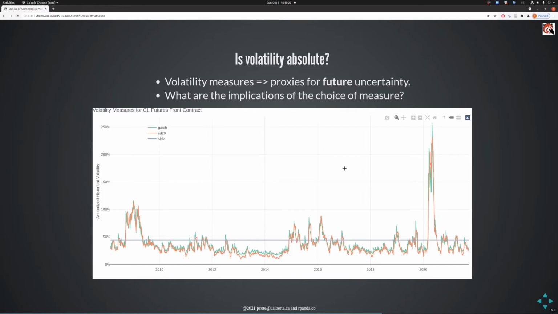And the purpose of this slide is to illustrate that although we are trying to measure risk or uncertainty in this case, the choice of measure may impact how we actually measure it. So the blue line is what we would actually do in a general sense by extracting a historical set of data and computing the standard deviation of changes in prices. Now that will return one number, which would be the average over a period.